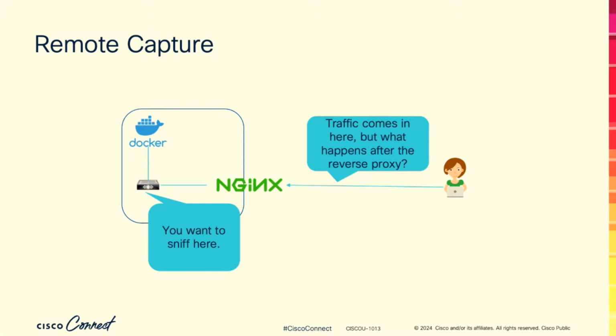Oftentimes, you're not accessing the application directly on the port it exposes. You go through a service like Nginx or Apache, and it provides things like SSL or TLS certificates, and then proxies that request through this virtual switch back to the application itself.